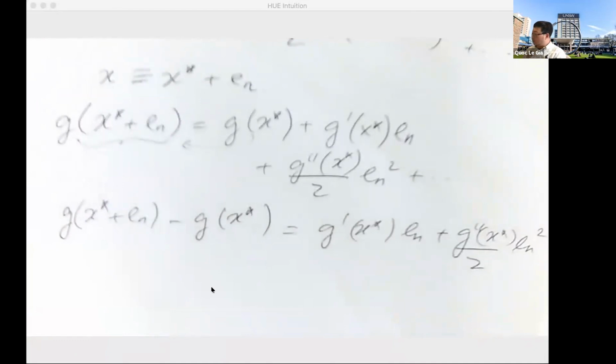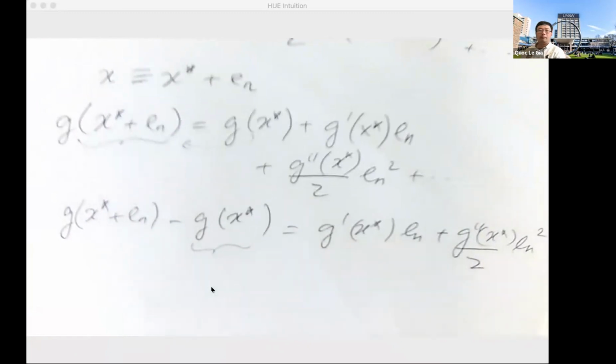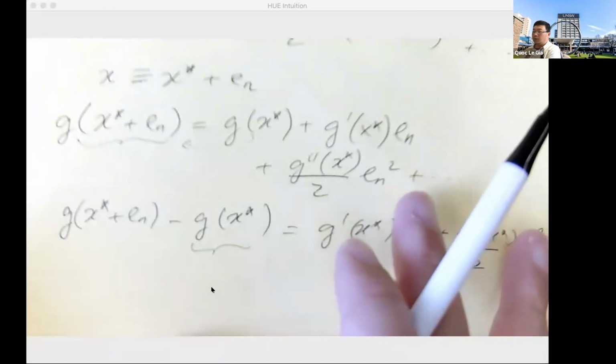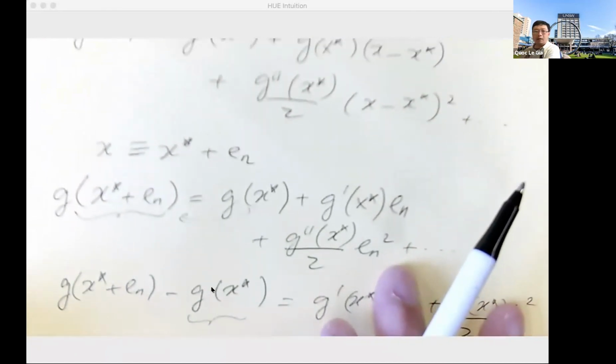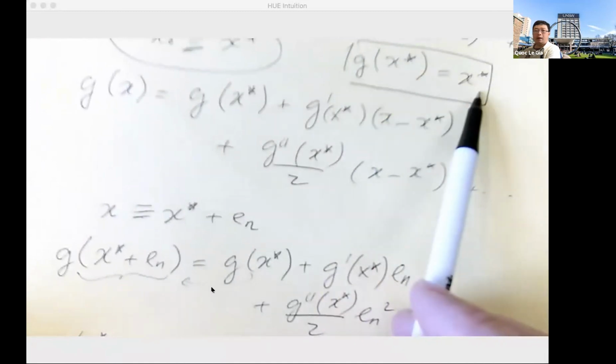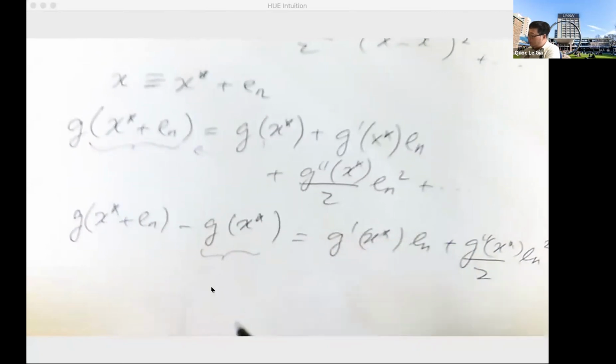Now remember, what is g(x star)? Remember x star is just a fixed point of g, so g(x star) is defined here as x star. Therefore I have this one is x star.